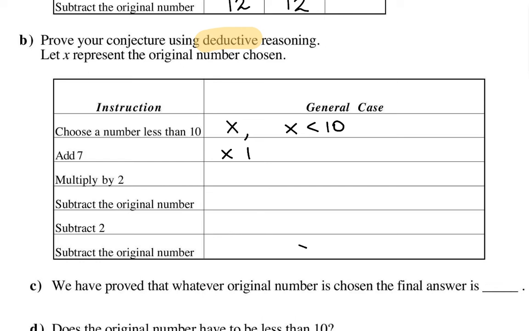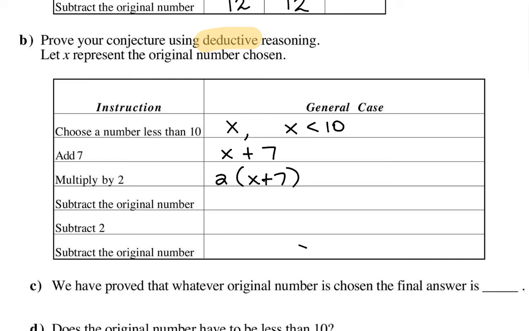x plus 7. Is that too much out of the realms of our possibility? We could do that, right? Now here it gets a little bit tricky. You have to multiply by 2. 2 on the outside of x plus 7, because you need to take the result and times it by 2.